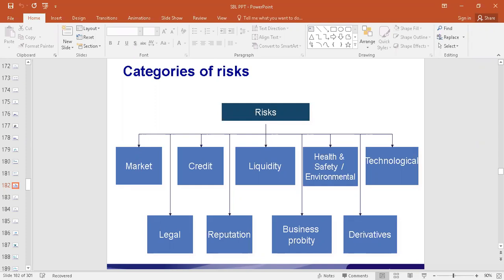They do not want to follow what the previous government has decided. So such things will cause change in the legal framework, the rules, the regulations. If those things happen, then there is a legal risk. Any changes in the economy on account of political, legal factors, if there is any impact on the organization, we call them legal risk.